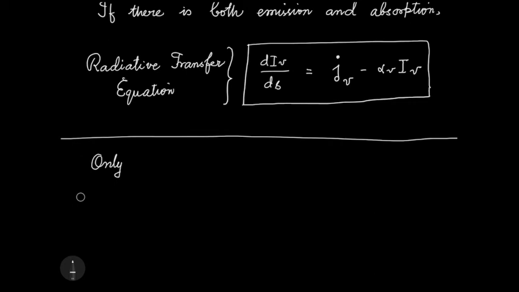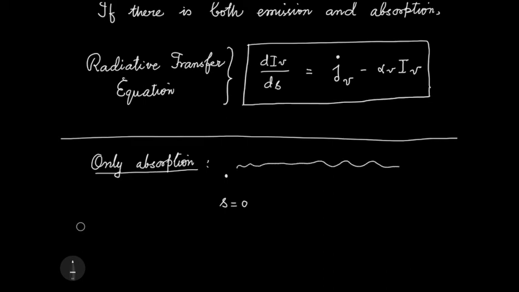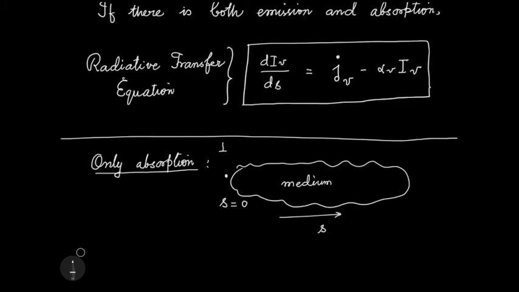To do that, let us go back to the case of only absorption and try to solve the equation. So I have a source here. So this is, I call s equals 0. And then I have a medium everywhere, say. This is my medium. And s increases this way.